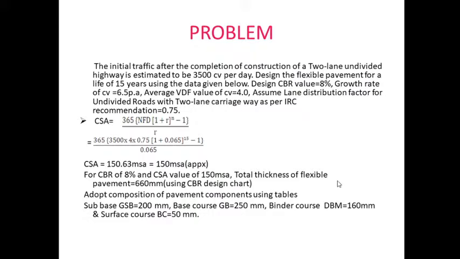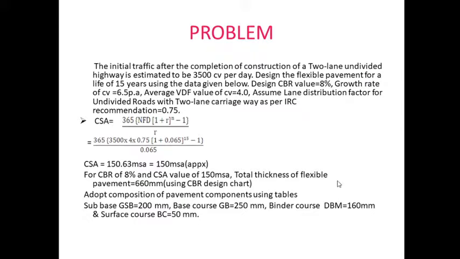Assume the lane distribution factor for an undivided road with a two-lane carriageway as per IRC recommendation is 0.75. This is the formula. Using this formula, we get the cumulative standard axle as 150.63 million standard axles, approximately 150.